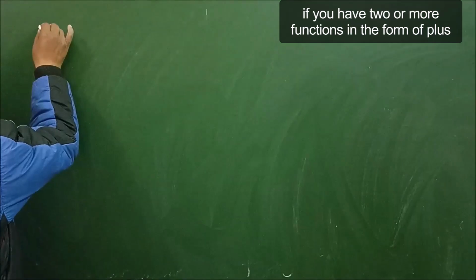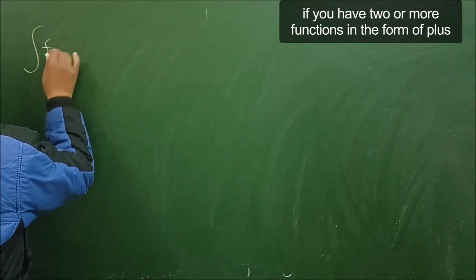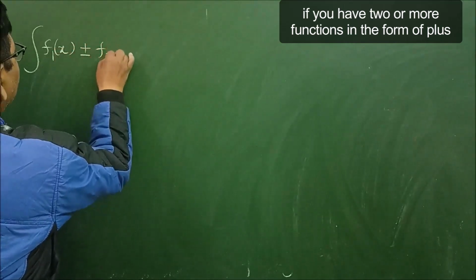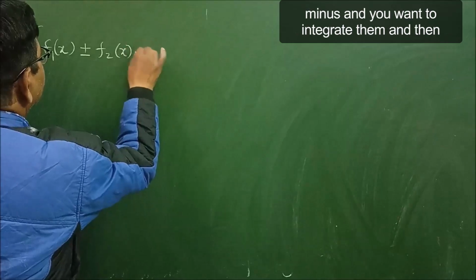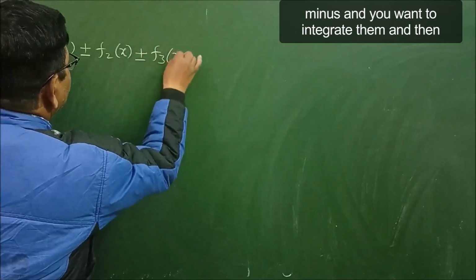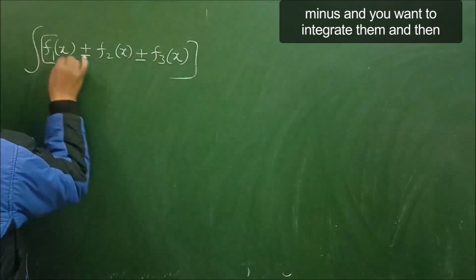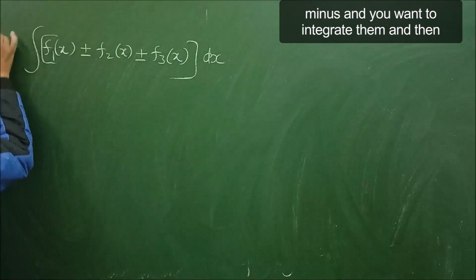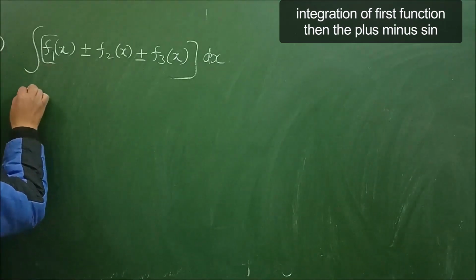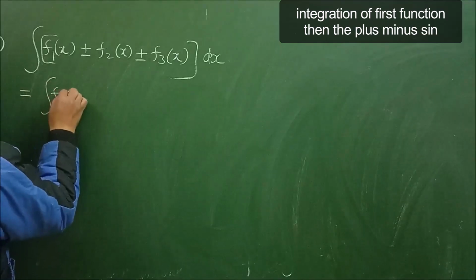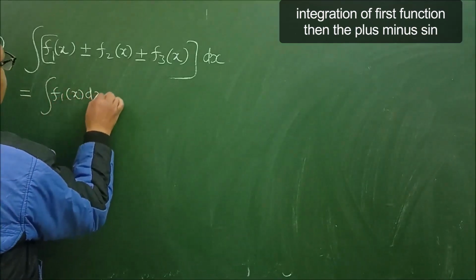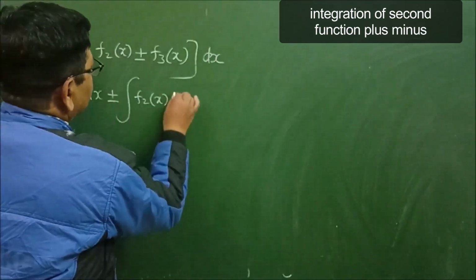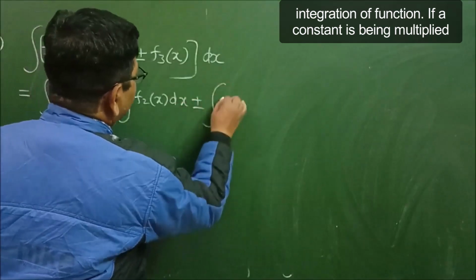If you have two or more functions in the form of plus minus and you want to integrate them, then integrate the first function, then the plus minus sign, integration of second function, plus minus integration of third function.